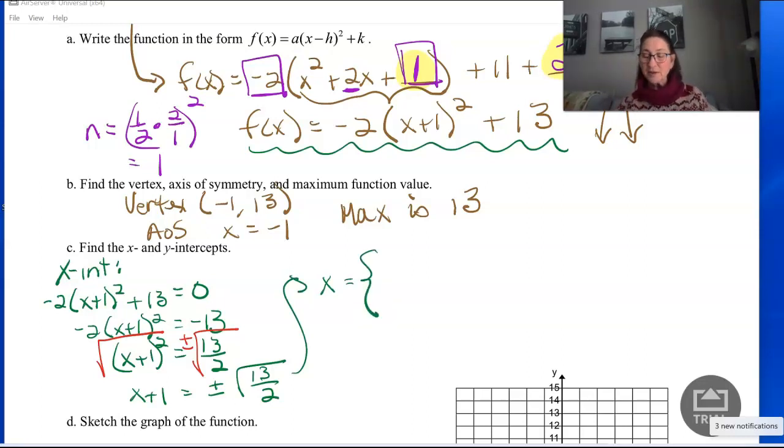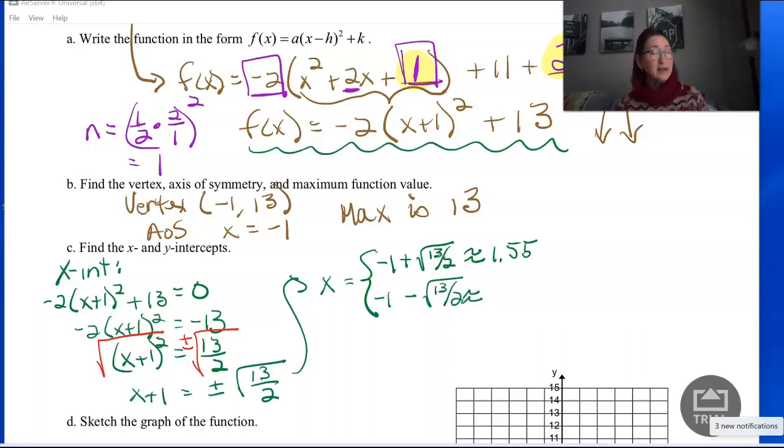My first one is going to be -1 plus the square root of 13 halves, which is approximately equal to 1.55. Then I'm going to take -1 minus the square root of 13 halves, and that is approximately equal to -3.55.